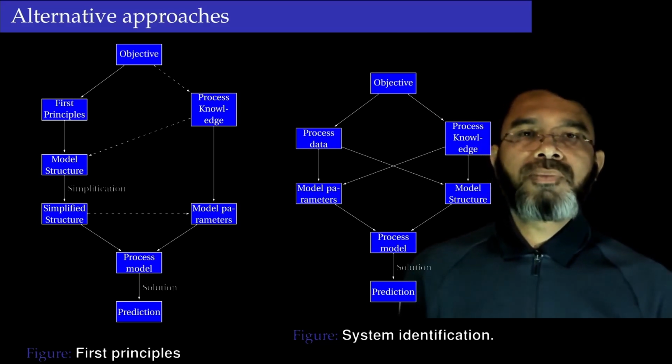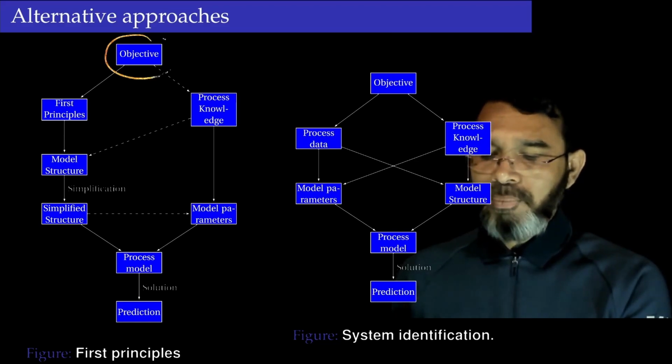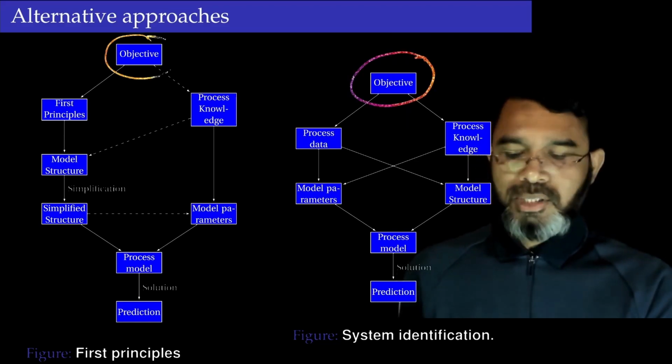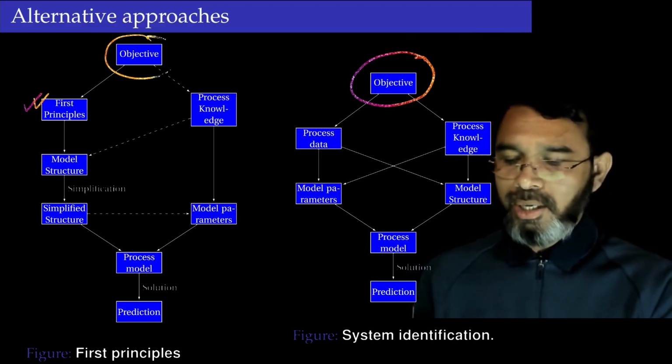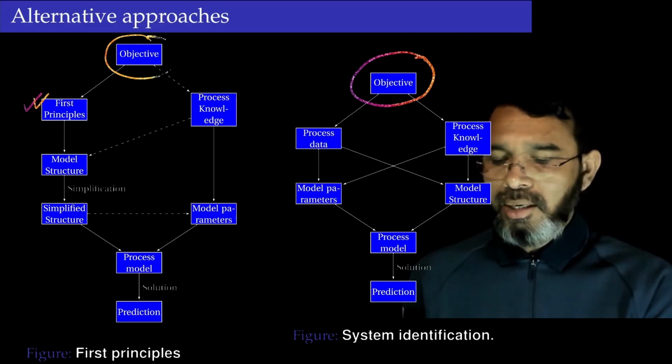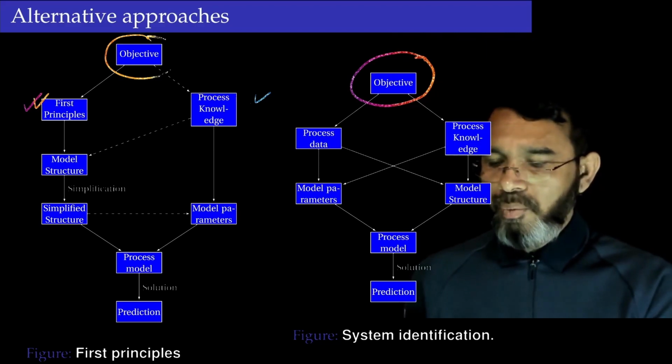Both the first principle approach and the system identification approach start with the objective. However, for the first principle approach, we use the natural laws, which are also called the first principles, and we gather the process knowledge. Together with the process knowledge and the natural laws, we get a model with its structure.